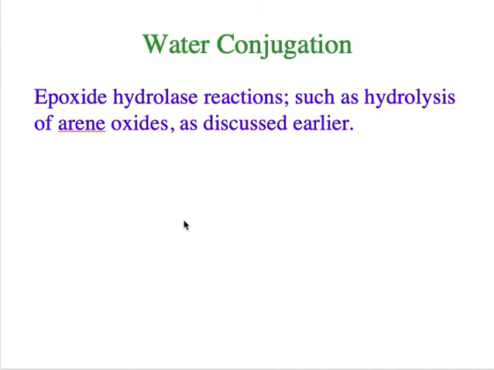Here's another reference to that, because that process, we didn't mention it then, was actually considered phase 2 metabolism because you've added in another water that was conjugated from the enzyme. So its source was another enzymatic reaction.